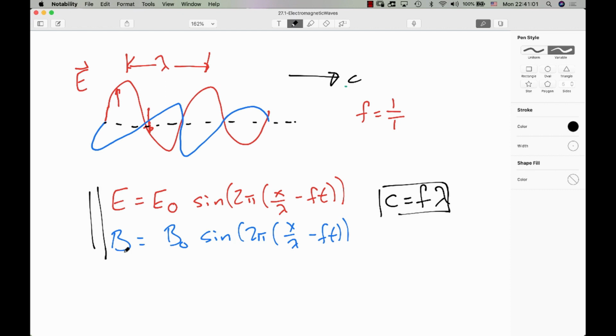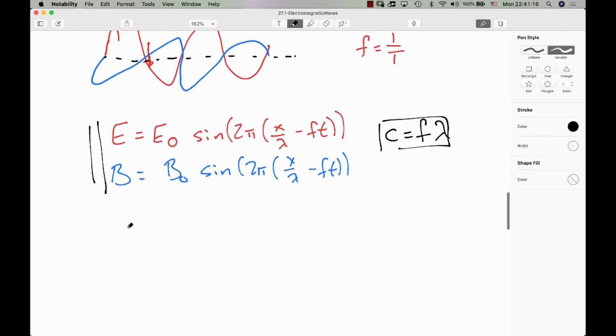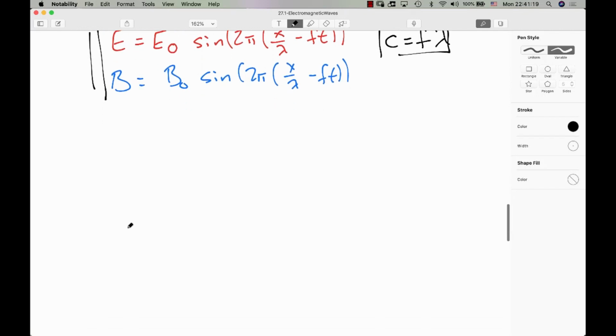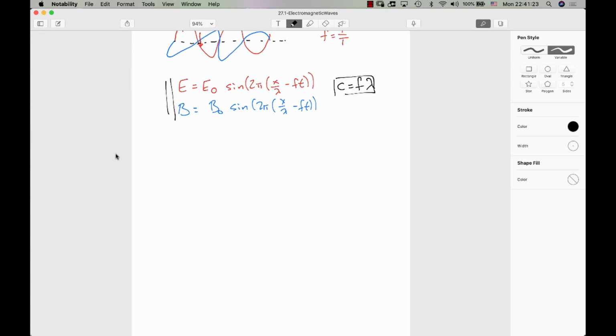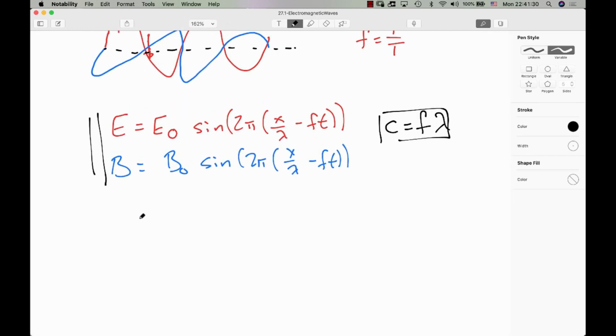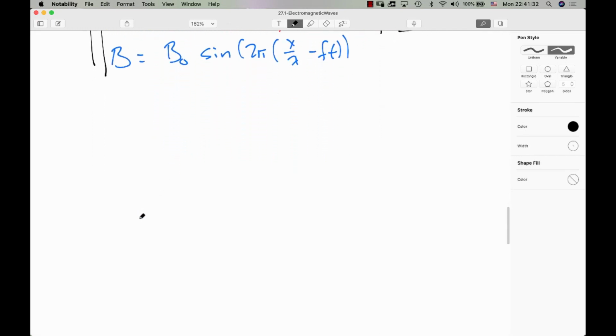Now, since the one field is inducing the other, and vice versa, we should expect that there be some sort of proportionality between the electric and the magnetic field strengths, and in fact there is. Where we can get that from is Faraday's law of induction.